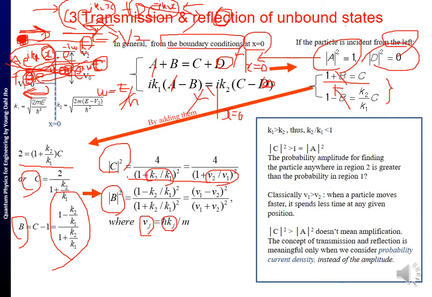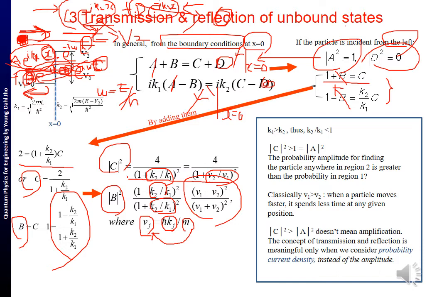This is momentum, and m v, if we multiply them, that is also momentum. So in the particle picture and the wave picture, their momentum is said to be the same. So the k ratio is replaced by the velocity ratio, and then simplified like that. You can do it yourself.